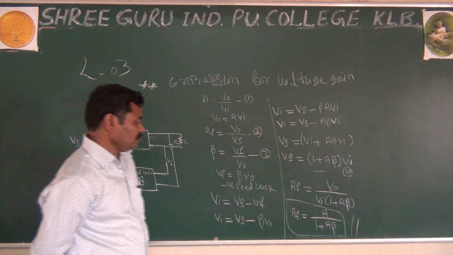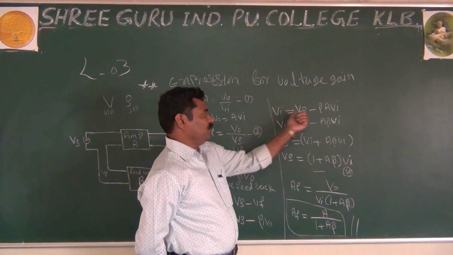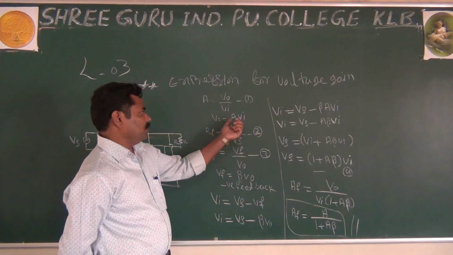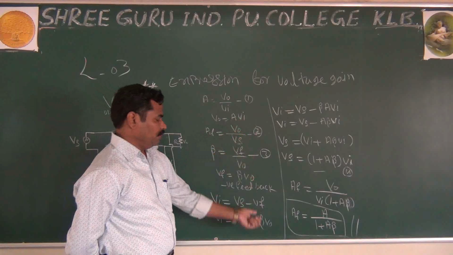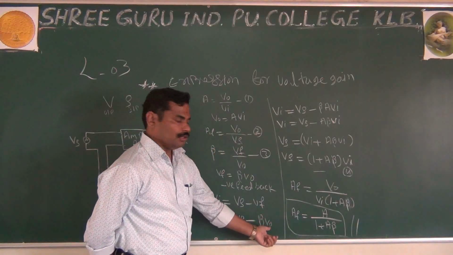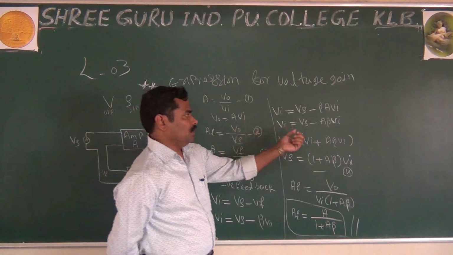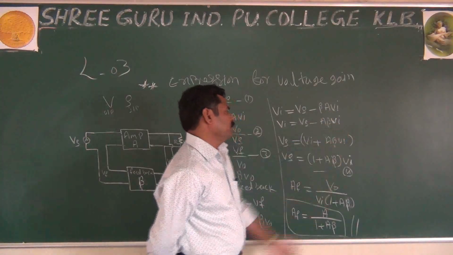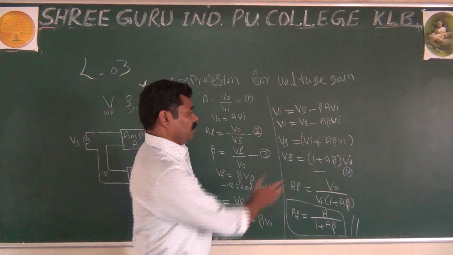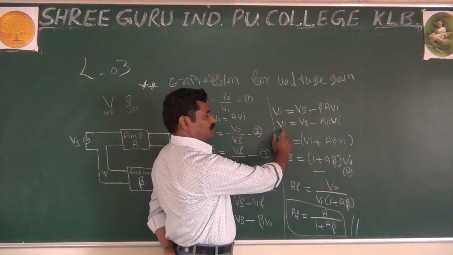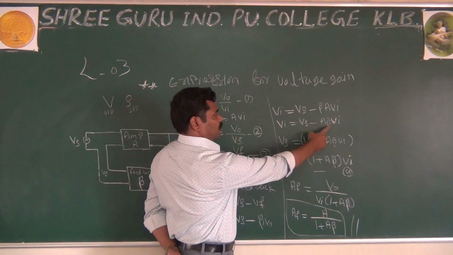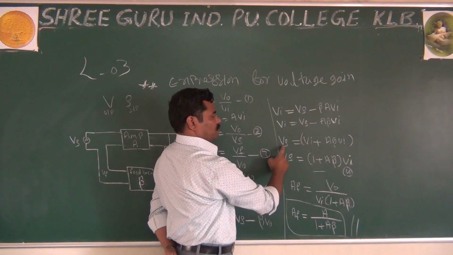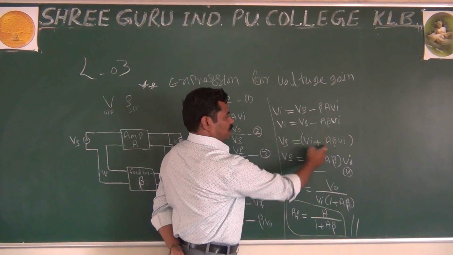Then Vi as it is, Vs as it is. In place of this V naught, you can write A into Vi, with beta as it is. Or you can write A beta into Vi. Then to take the same terms on one side, Vi comes to this side and becomes plus, Vs as it is: Vs equal to Vi plus A beta into Vi.